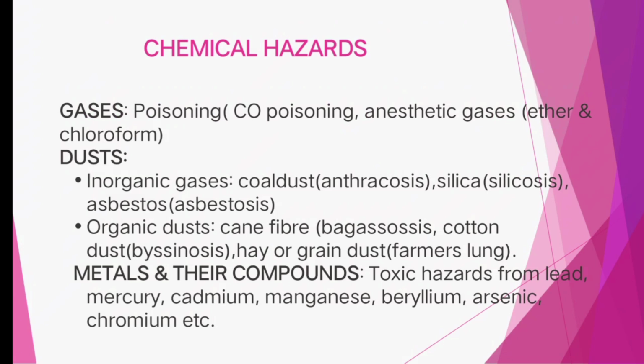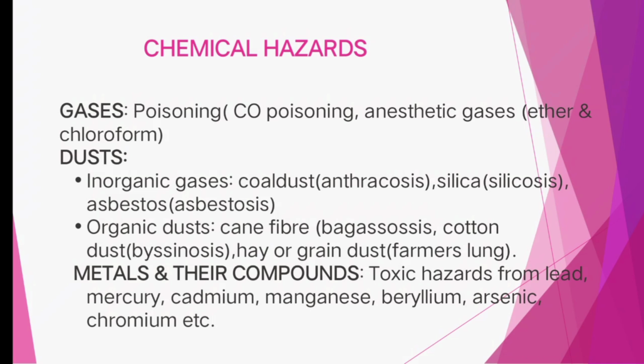Next are chemical hazards, which include the inhalation and ingestion of gases, that is poisonous gases like carbon monoxide, anesthetic gases like ether and chloroform, and dust, inorganic dust. Coal dust causes anthracosis, silica causes silicosis, asbestos causes asbestosis, and organic dust like cane fiber causes bagassosis, cotton dust causes byssinosis, hay or grain dust causes farmer's lung.